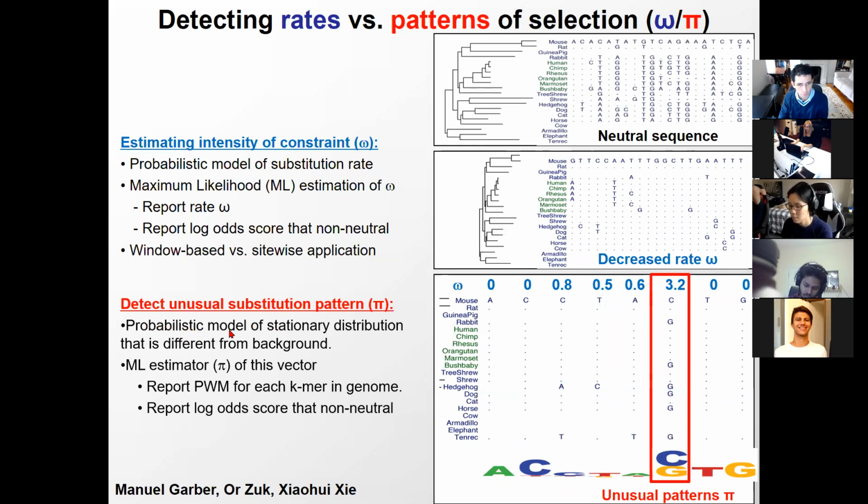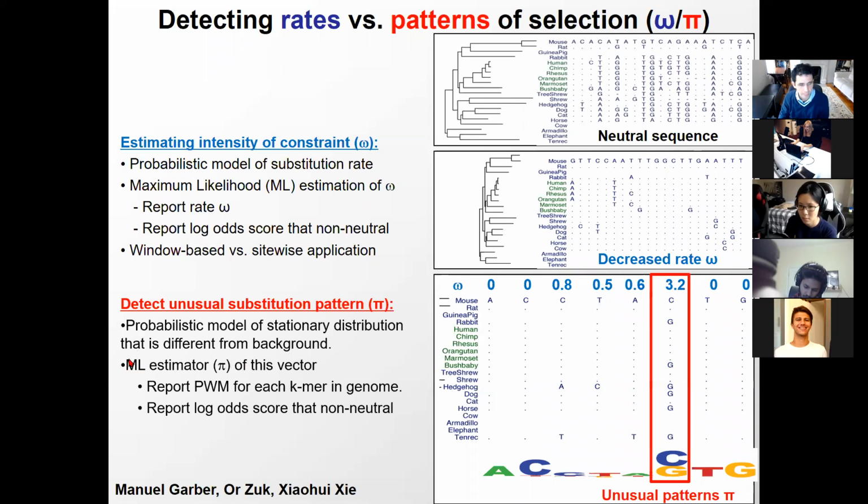We can basically build a probabilistic model of the stationary distribution for a Markov chain between the 4 characters A, C, G, T. And then as the letters are switching in that Markov chain, we can basically ask, are they switching to each other in a non-random way?